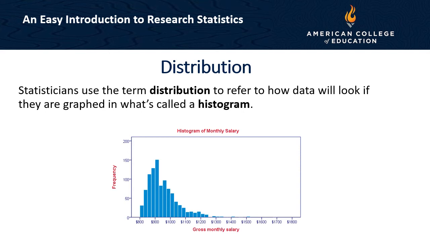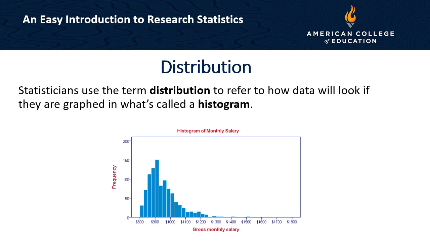In this example, you can see a histogram graph where the y-axis represents the frequency, or the number of people who have a particular salary, and the x-axis going horizontally shows the particular monthly salary for each group of people. So in this example, it looks like about 25 people make just over $800 a month, and very, very few people make $1,500 a month.